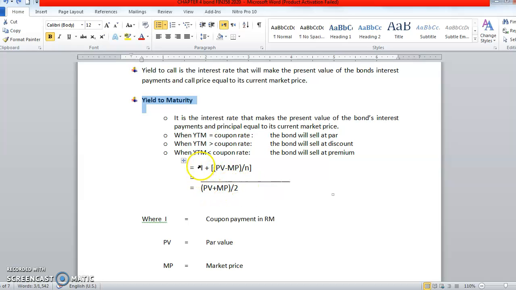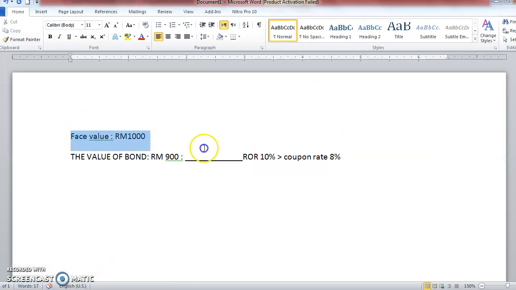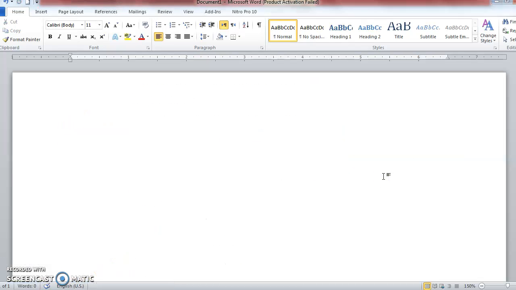So what does it mean by I over here? This is a kind of briefing from the textbook. The textbook actually mentioned this formula, so please refer to page 85.